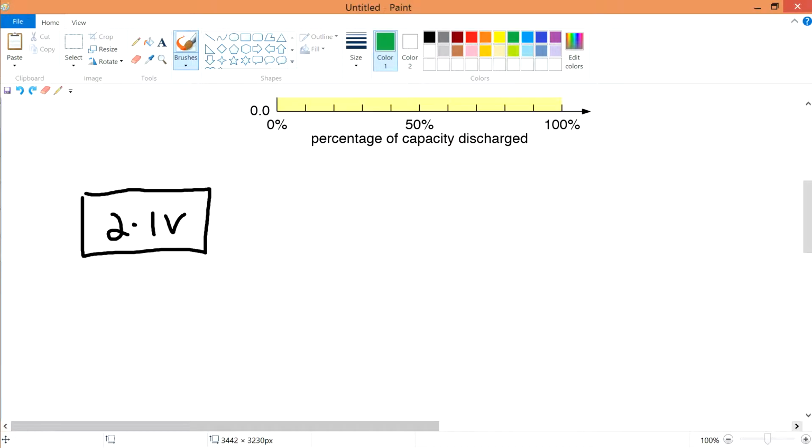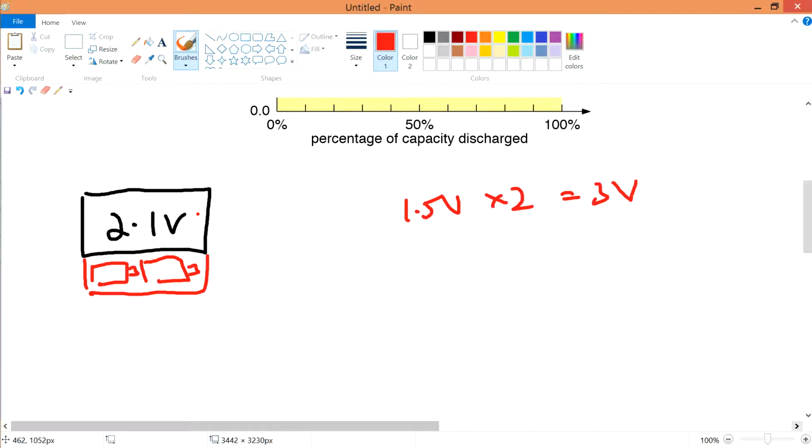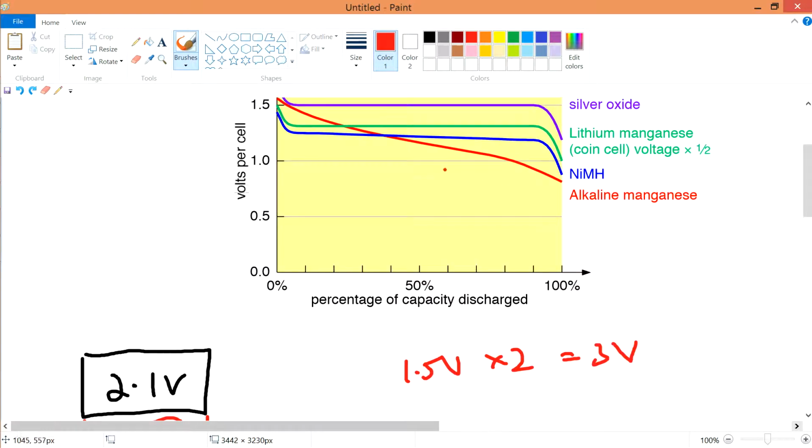So if I were to put in my alkaline battery in red color, each of them has 1.5 volt, times 2 is equal to 3 volt. I can supply 3 volt to my 2.1 volt system, and it can work. But up to a point when it reaches approximately 75%, its voltage supplied is about 1.1 volt, for example.